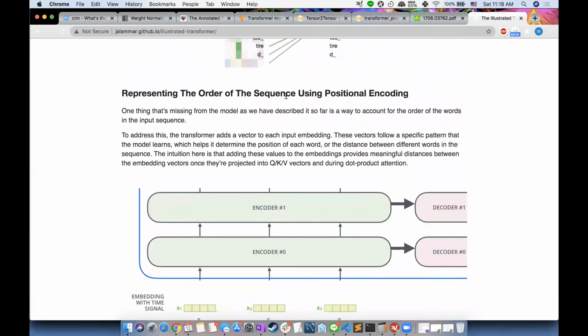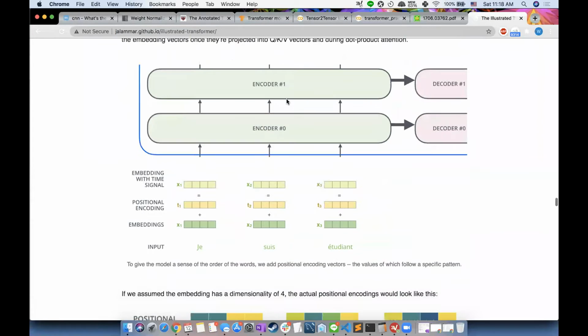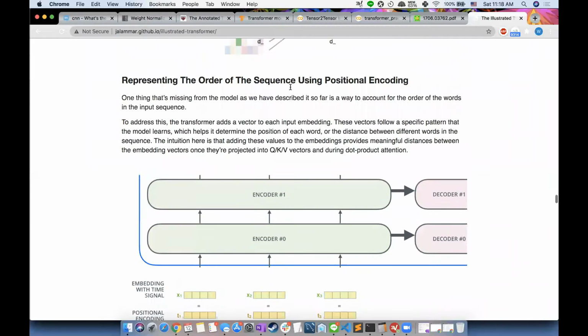But ultimately, at the end of the day, it has to collate the information from all the encoders and pass it on to the decoder. That's my understanding, at least. Yeah, that's what I thought as well.